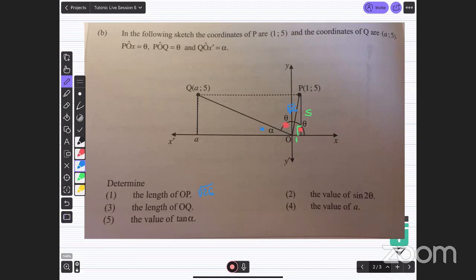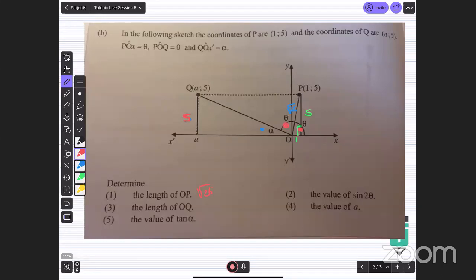I would use distance again, but then there's an unknown, so I'm supposed to solve that. This is 5. Any ideas? Hamza, do you have any ideas? Actually, no, let's do question 2. We're doing question 3 first. I mean, sorry, I looked down. Question 2, the value of sine 2 theta.